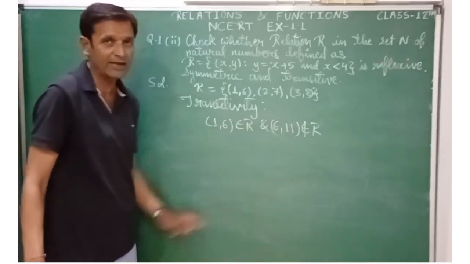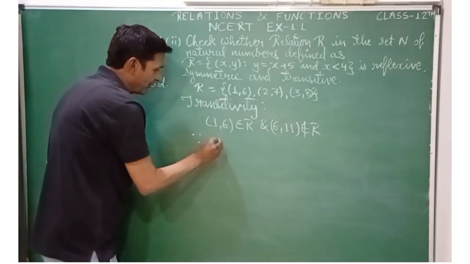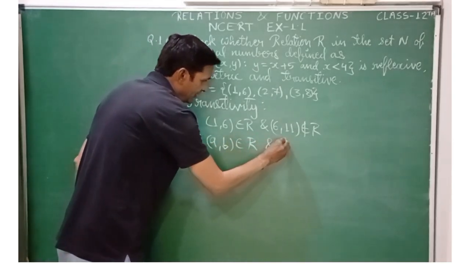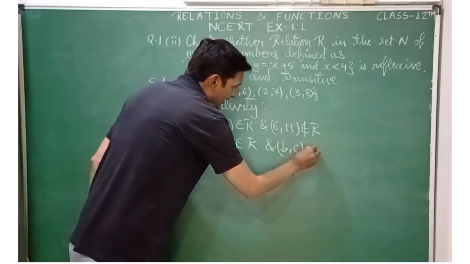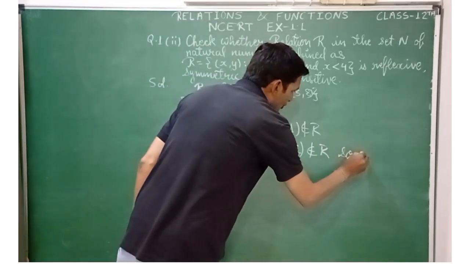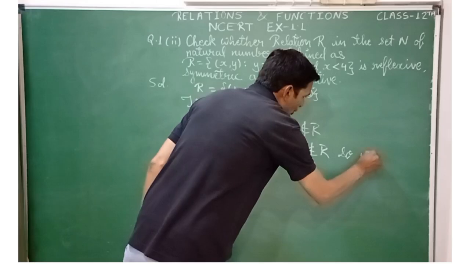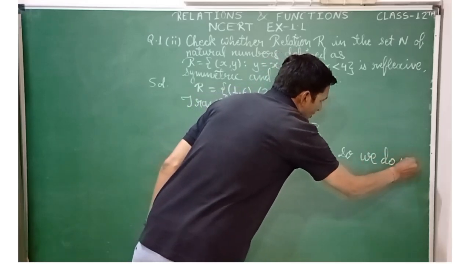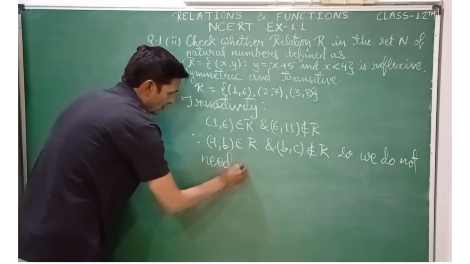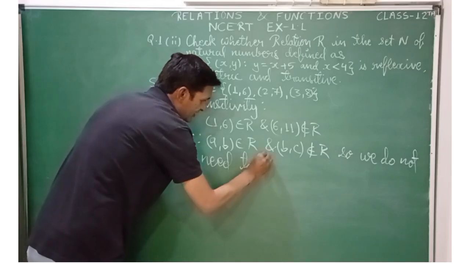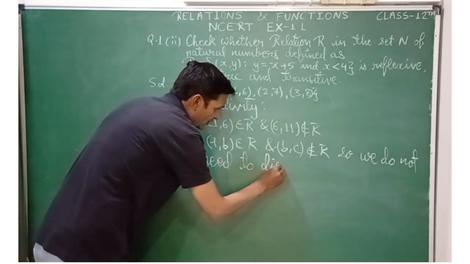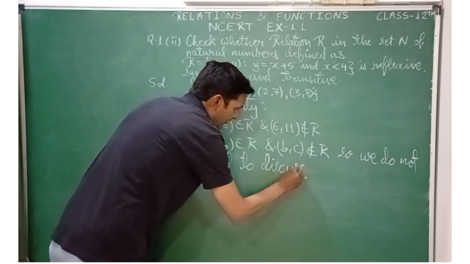So how can we discuss (1, 11)? Because (a, b) is an element of R and (b, c) is not an element of R, we do not need to discuss (a, c).